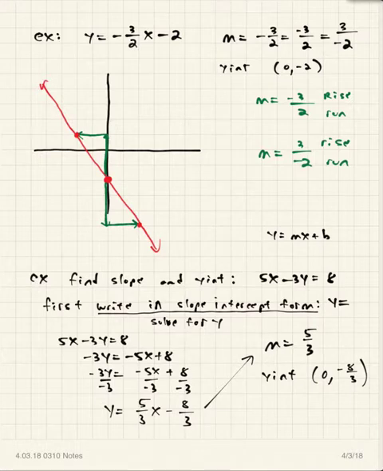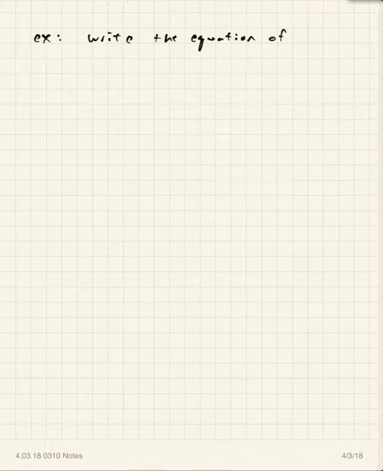All right, so the next problem I want to look at is a problem where we're writing the equation. So write the equation of a line passing through, no, I'm sorry, let me erase that.